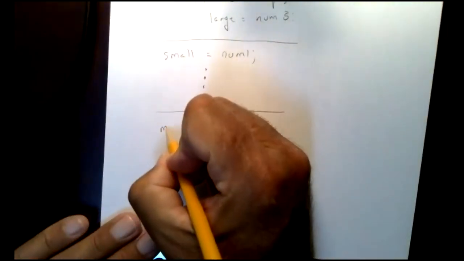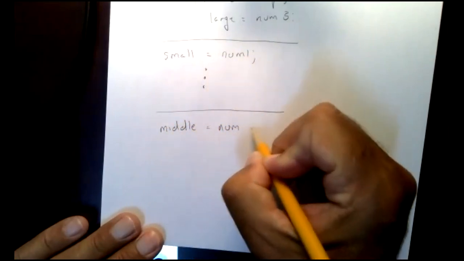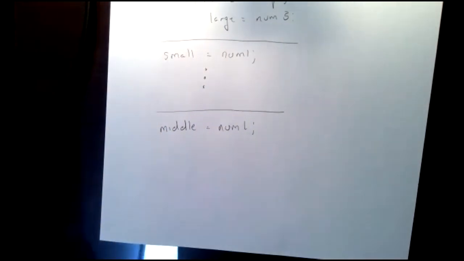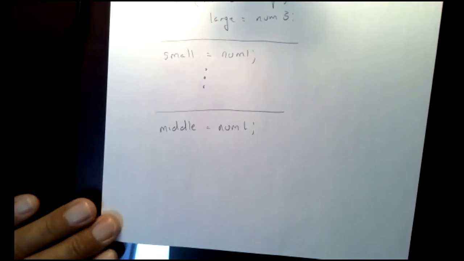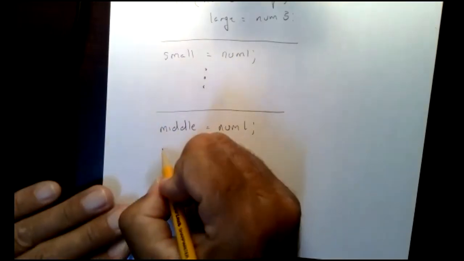All right. The next one's a little trickier. I'm going to say middle equals num1. Okay. Now, give me a way to find out if num2 happens to be the middle. Lots of ways to do this.